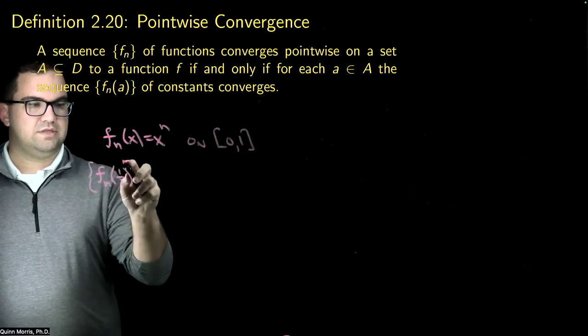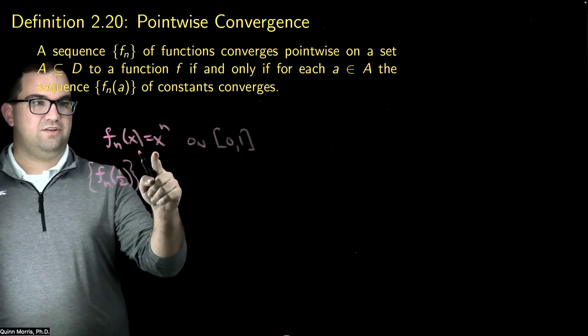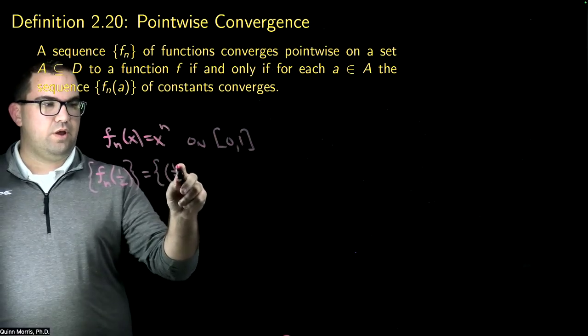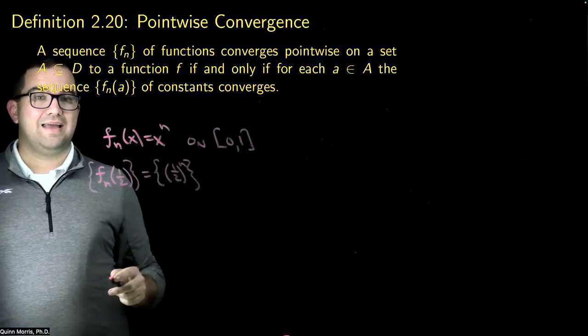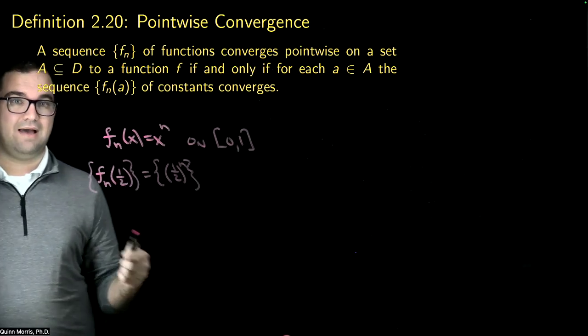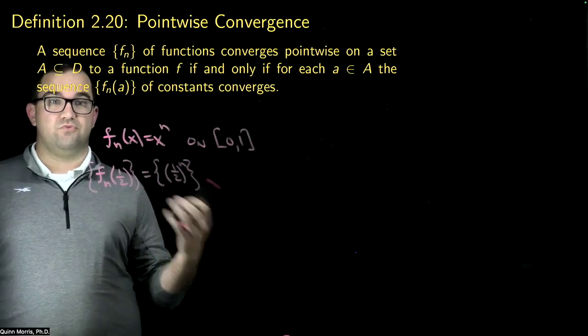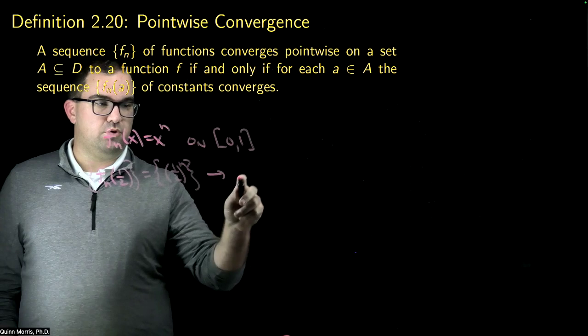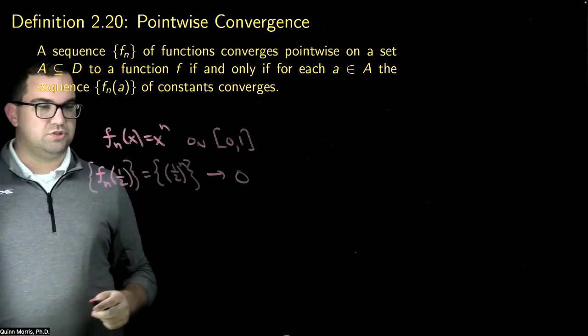Now notice that by plugging 1/2 into this sequence of functions, what I get is a sequence of real numbers. I can talk about what happens to a sequence of real numbers. I have a definition for what it means for a sequence of real numbers to converge. So if I look at this, that sequence would converge to 0.